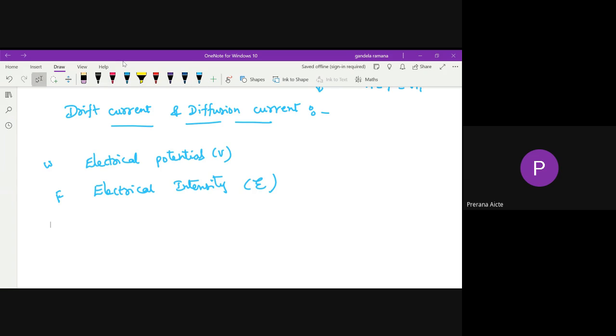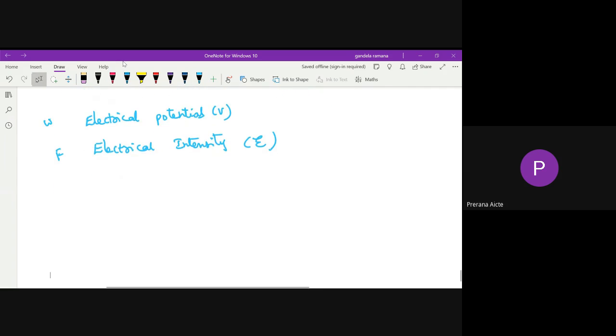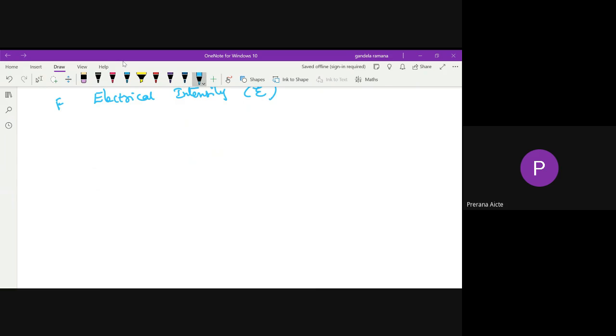Suppose we have a positive unit charge in a field. The energy required to bring this unit charge from an infinite distance, that corresponding energy level, is called electrical potential.